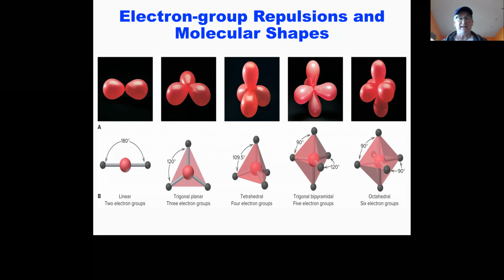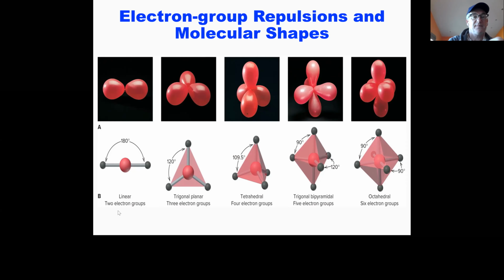And if you have a look at these different shapes, what you'll notice is that every time you look at a different geometric group, they place themselves as far away from the other electron groups as they possibly can. That reduces the electrons coming close to each other and repelling.